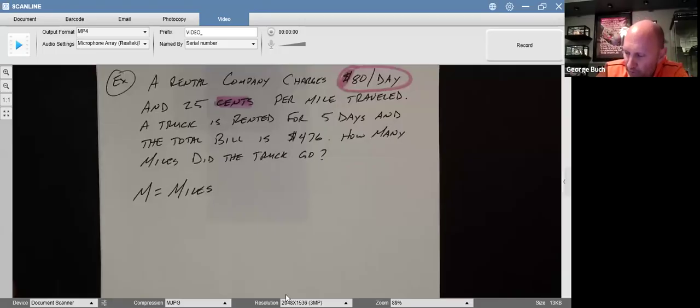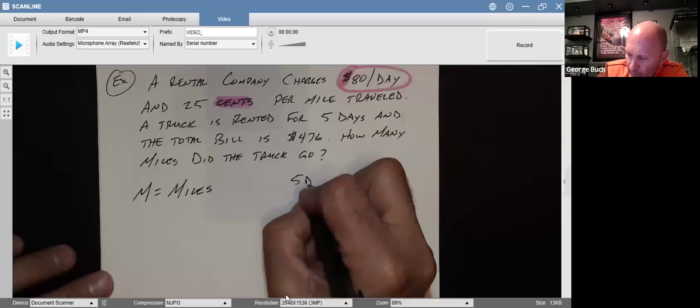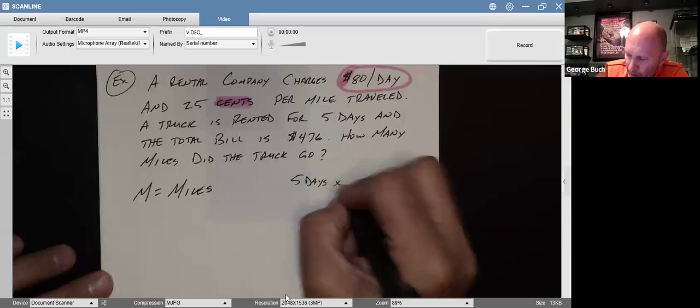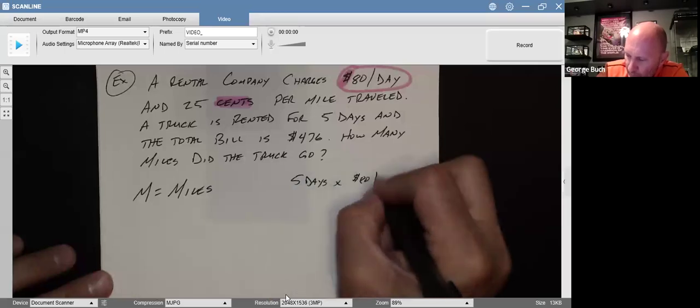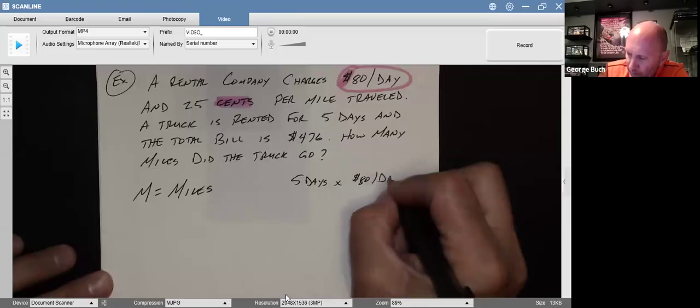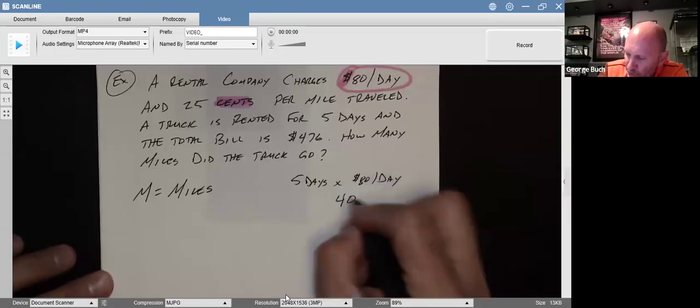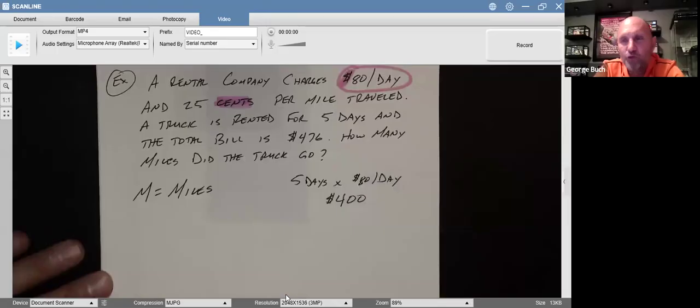Well, it's 5 days times $80 a day. So 5 times 80 means it's going to cost you $400 just to rent the truck, and you haven't even driven it off the lot yet.